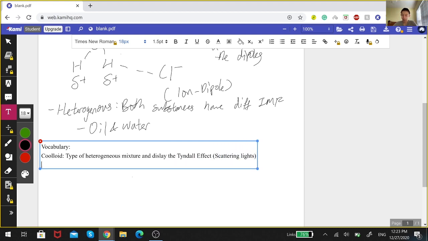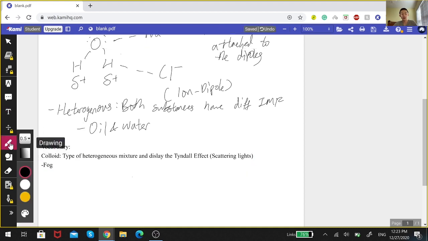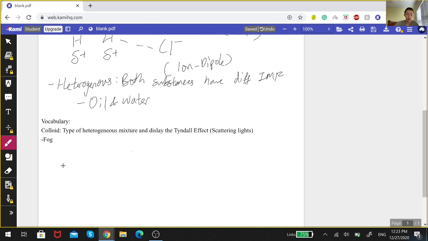Now an example of that would be fog. So when you turn on the highlights in foggy weather, the fog scatters the light everywhere, which makes you unable to see in the fog, and that is an example of a colloid.